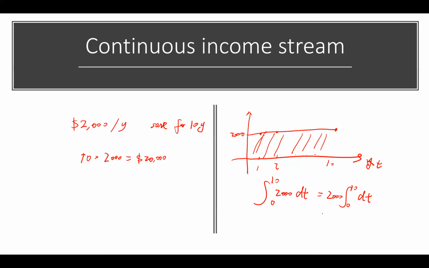So this is going to be 2,000 times t, because the constant is 1, and if we integrate it, it's going to be t. Then we denote that we are taking it from 0 to 10. The result is 2,000 multiplied by 10, again 20,000. So this is a similar interpretation. There are two different perspectives.